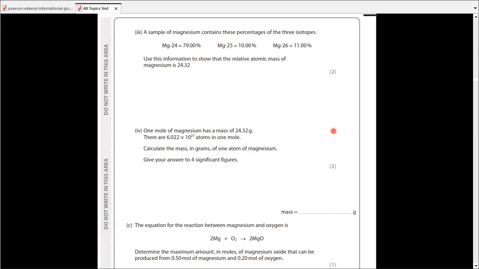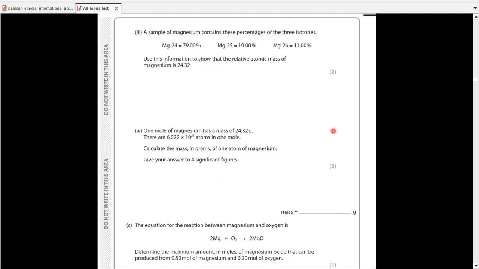A sample of magnesium contains these percentages of the 3 isotopes. Use this information to show that the relative atomic mass of magnesium is 24.32. So how do I do that?